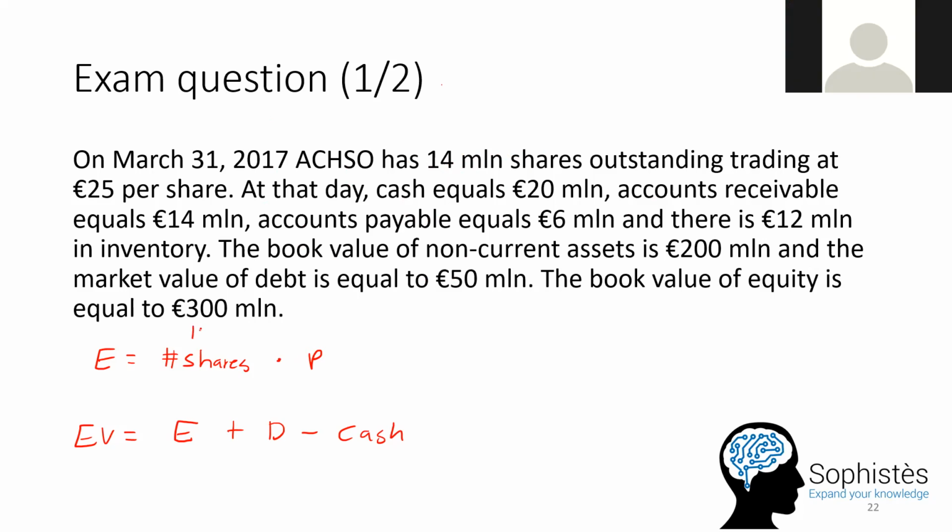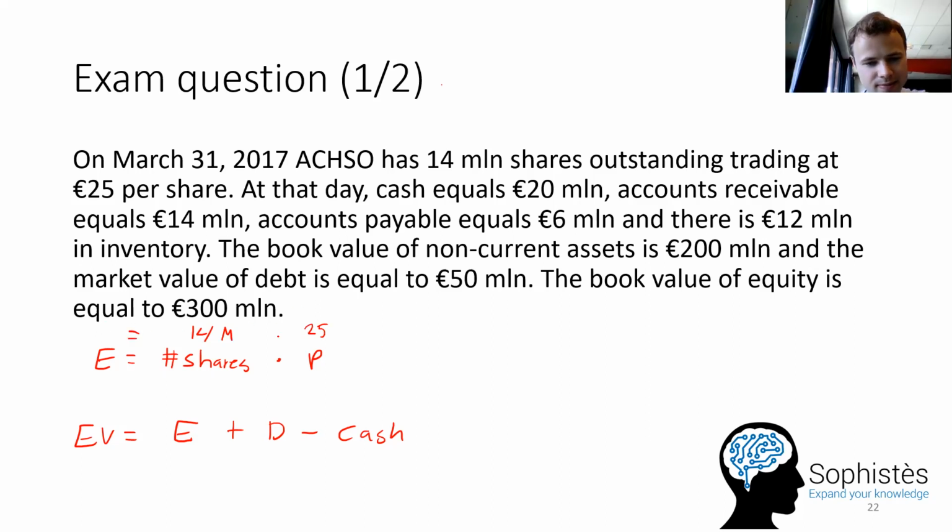The price is 25 per share. Do we need that? Yes, as well. Perfect. Then what is the value of the equity? 350 million. And now I can fill it in here, right? So the market value of the equity is 350 million.